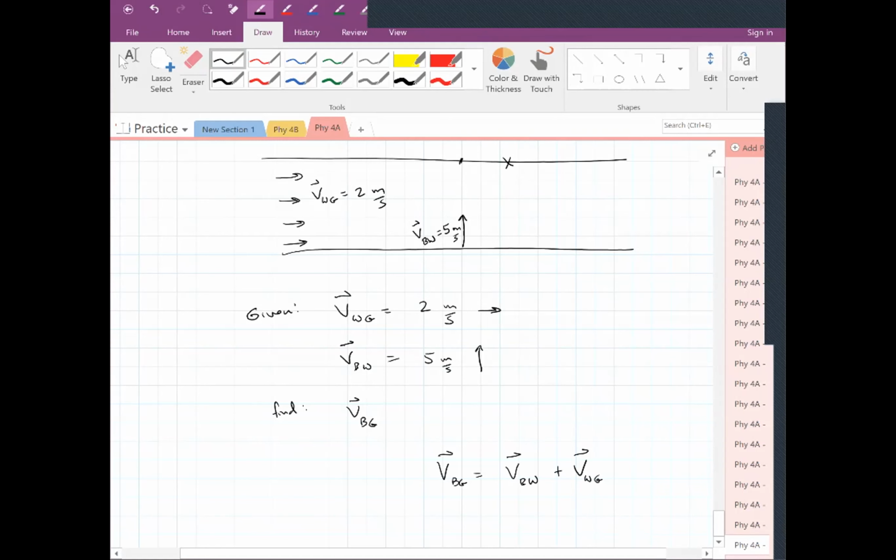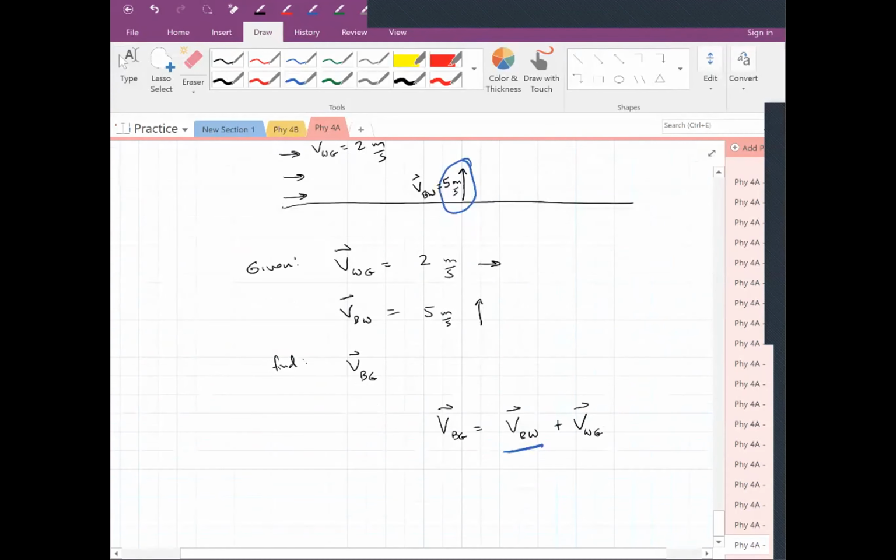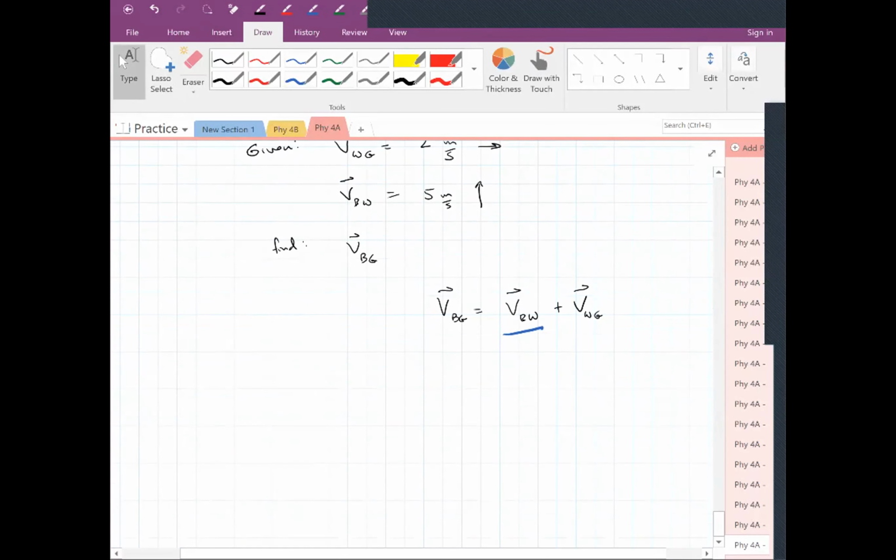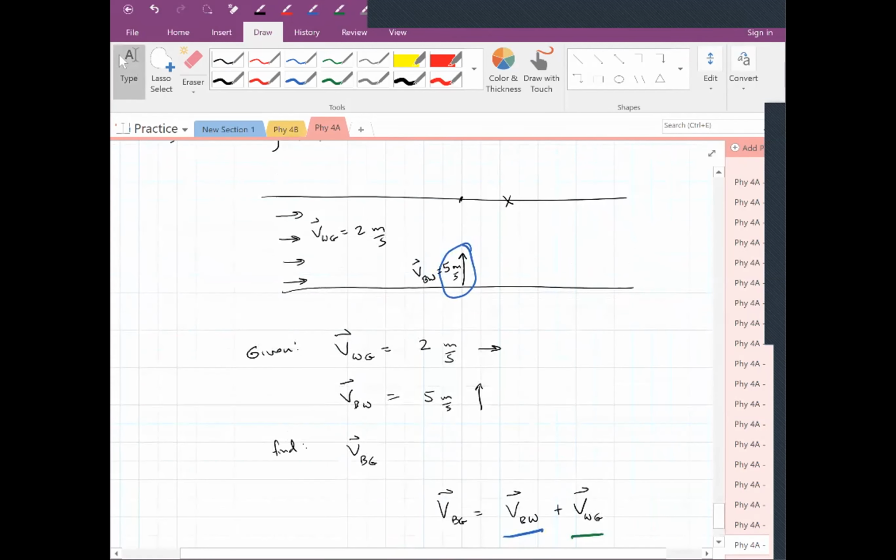So the first vector we know, I'll use blue. The first vector we know, right, it's this one right here. So I'll just draw that. The second vector we know, that's this vector here, right?